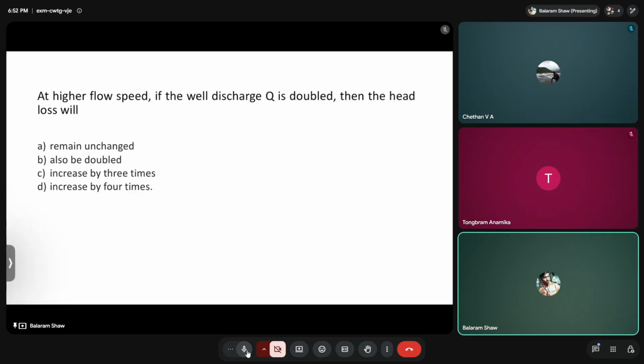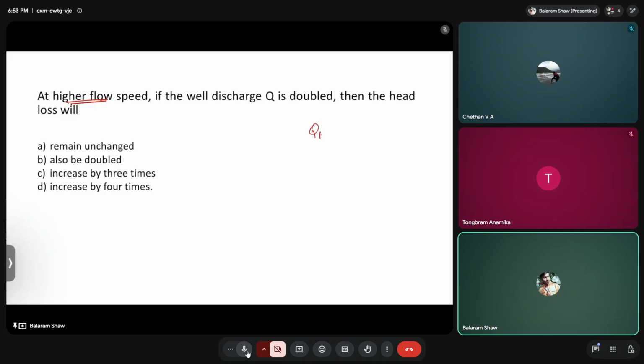We have just seen that at higher flow speed we can write Q equals m1 into H, right? So here we are saying if the well discharge is doubled, then the head loss will be what? Let's say Q1 equals m1 into H1, that is when Q is not doubled.